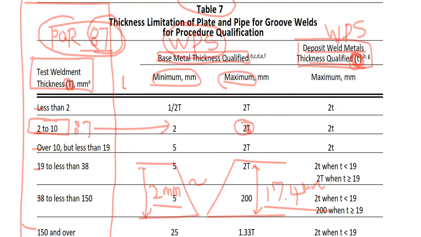Then this t is also 8.7 millimeter. So you go here. Deposit weld metal thickness qualified is 2 lowercase t. Lowercase t is 8.7 millimeter. So maximum deposit weld metal thickness is also 17.4. That's capital T, and this is lowercase t.